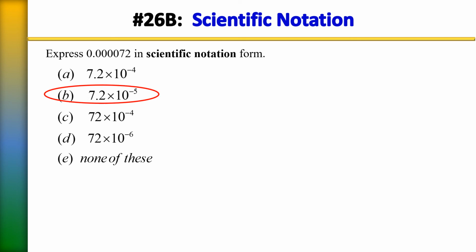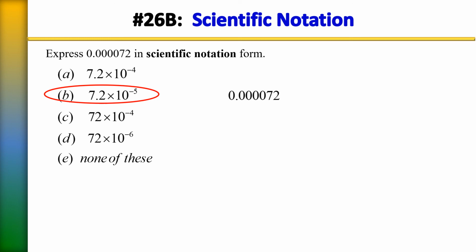Choice B. So to write or express a number in scientific notation form, you would need to write the number as a decimal times 10 to some base power. So the power of the 10 base can either be a negative number or a positive number depending on the original number. So in this case, this number is a micro number.